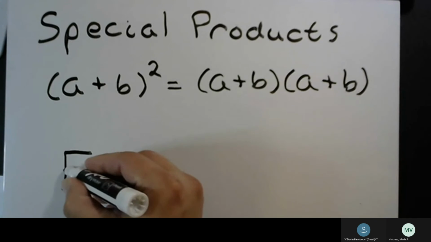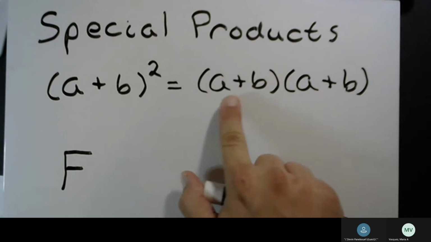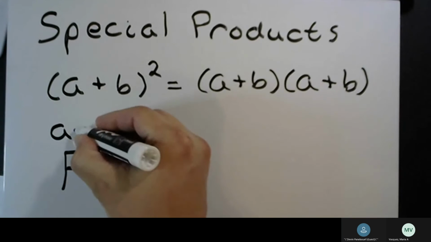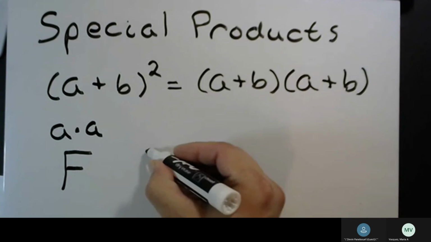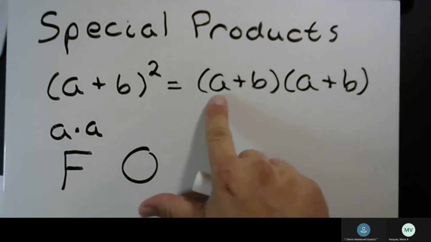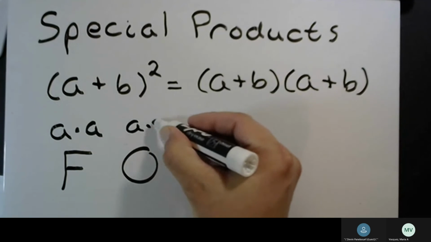So we're going to multiply the first terms of each binomial. That's a times a. The outer terms of the product, a times b.